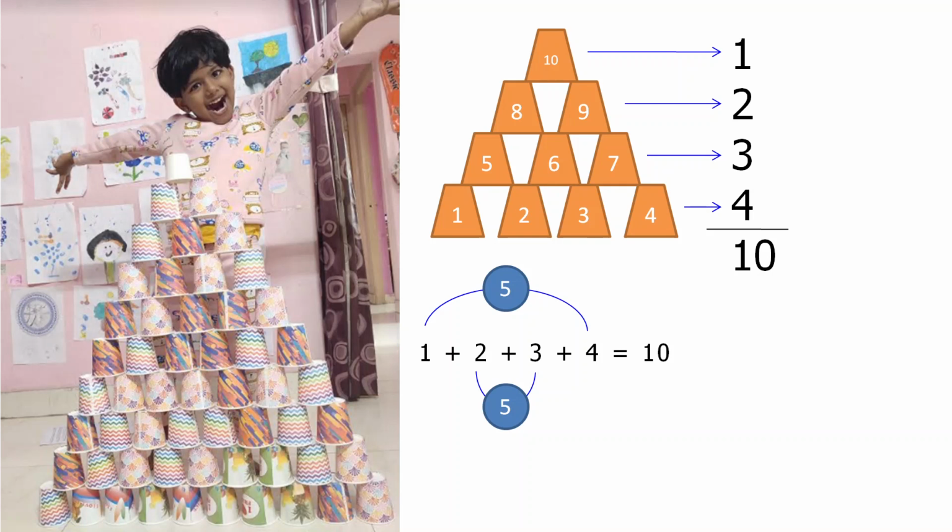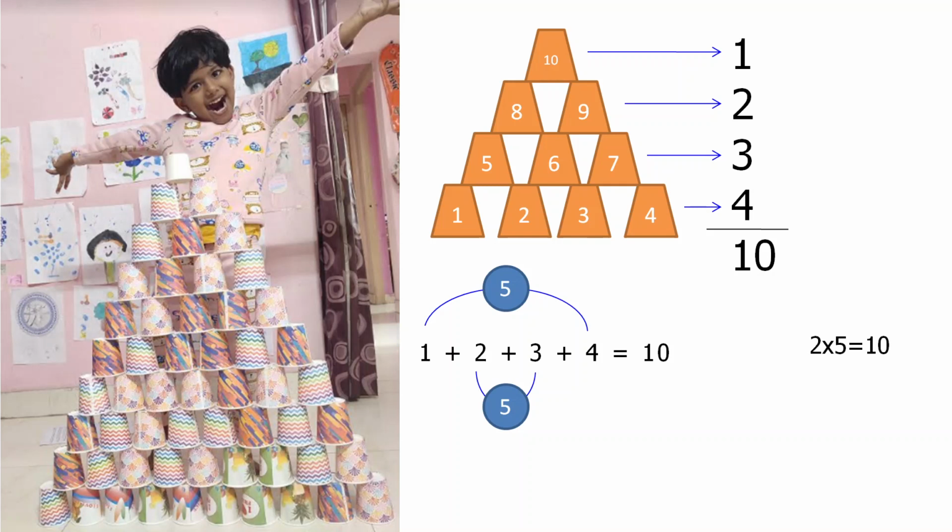So one thing to observe here is that if I add numbers like this, the summation of each of these two numbers will always be the same, 5. So instead of adding 1 plus 2 plus 3 plus 4, I can say the summation is 5 plus 5. So it is 2 into 5.